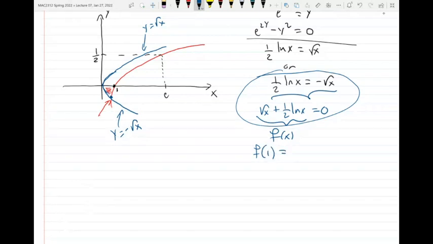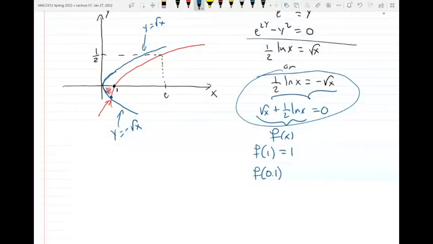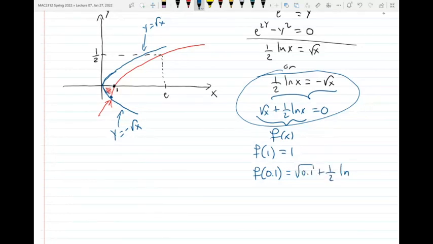So f of 1 is going to be equal to 1, okay? I cannot plug 0 into the function because ln of 0 is not defined. I'm going to plug in 0.1, because I want to get something very close to 0. So we're going to have square root of 0.1 plus 1/2 ln of 0.1.